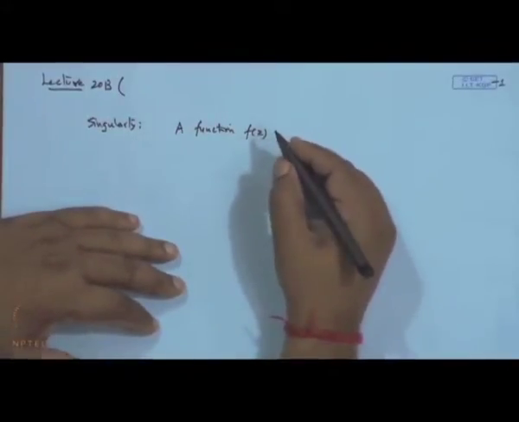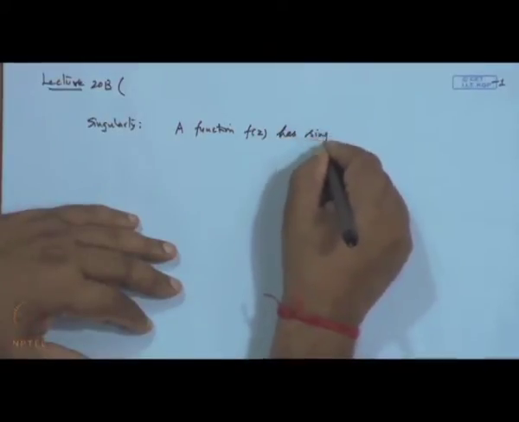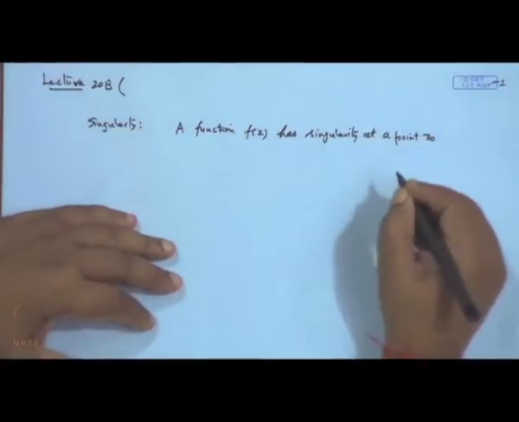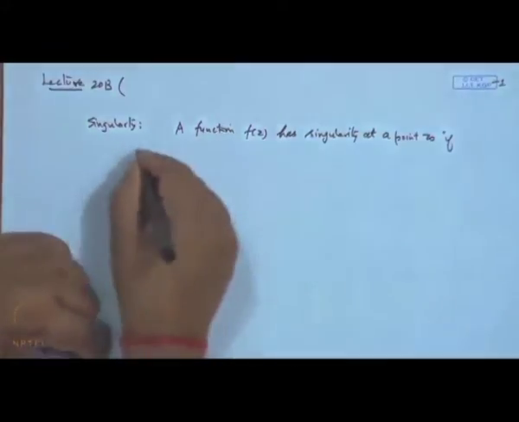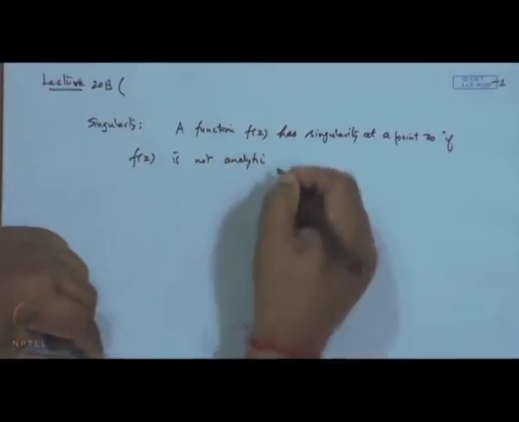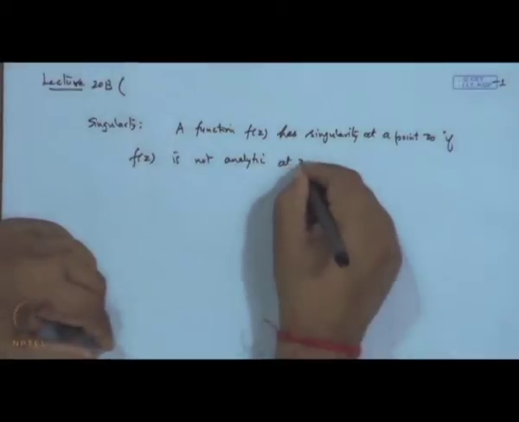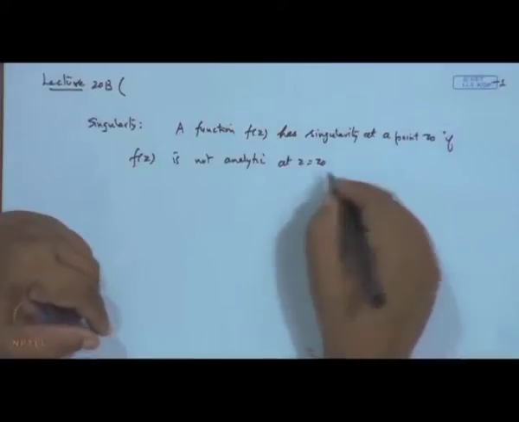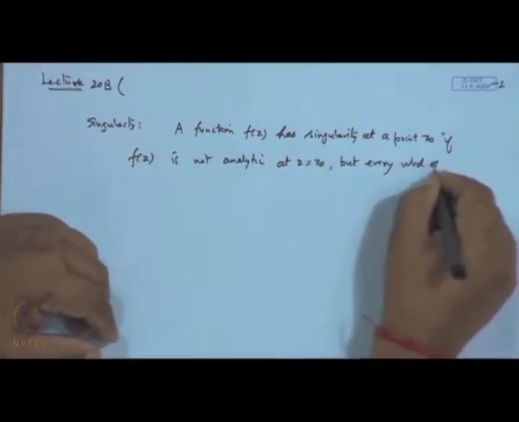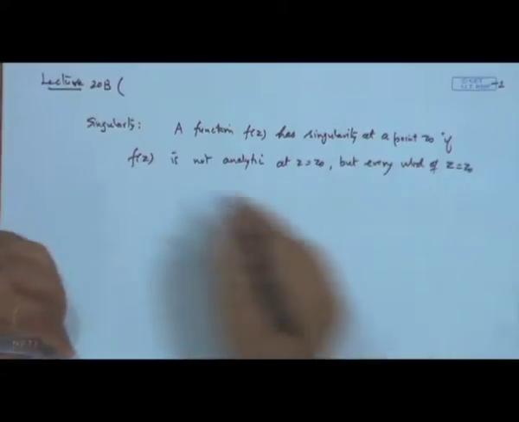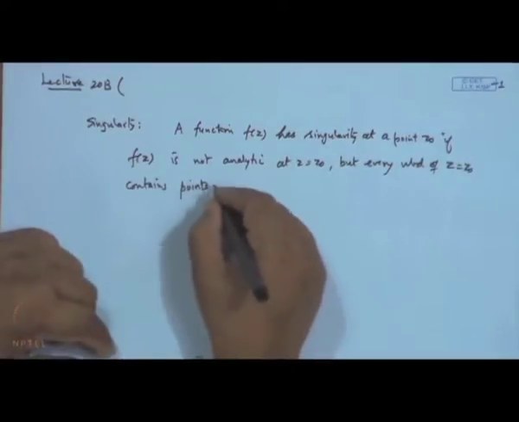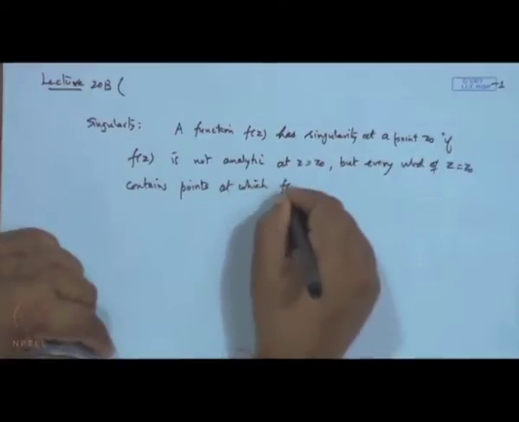A function f z has a singularity at a point z naught if f z is not analytic at z naught, that is, it ceases to be analytic, but every neighborhood of z naught contains points at which f is analytic.